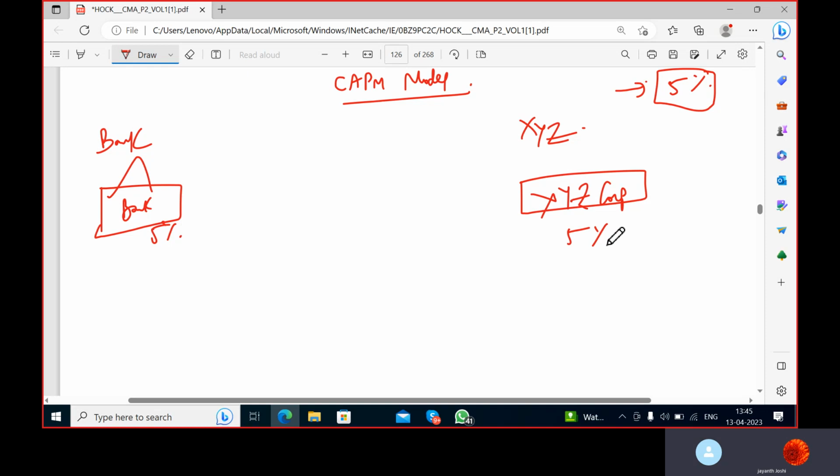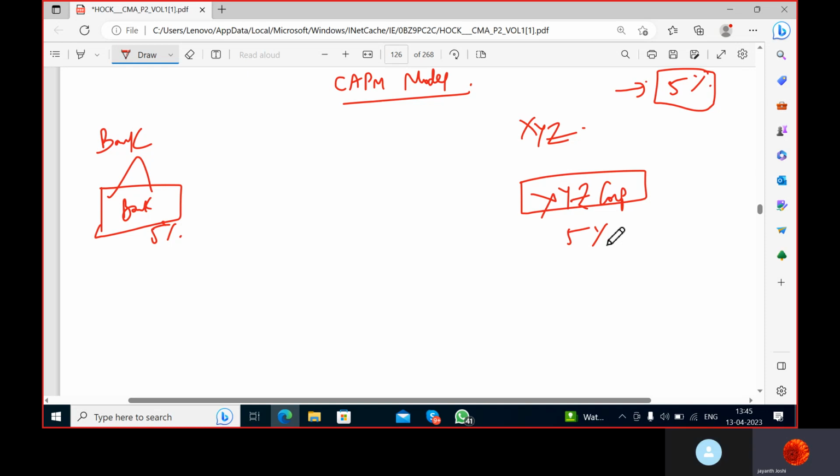Bank is giving you 5%, XYZ is giving you 5%. Which one will you prefer? Go with the bank 5%.